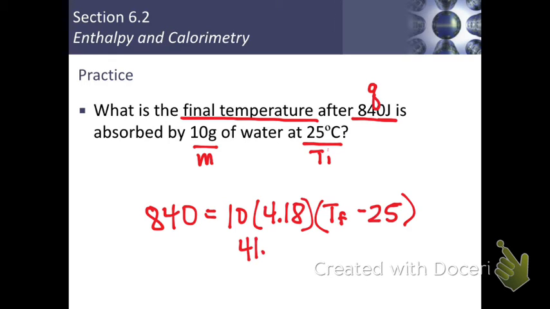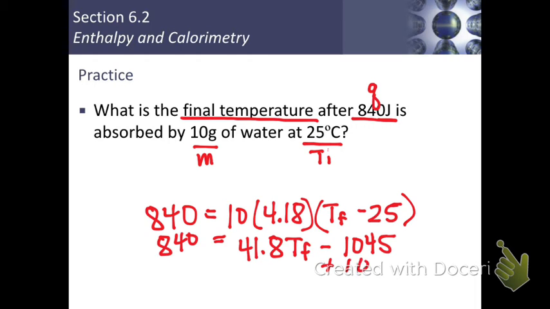So this would be 41.8 times T final minus 1045 equals 840. Does everyone understand? We good on the distributing that through? I just distributed that. 10 times 4.18 is 41.8, so times T final, and then times negative 25.